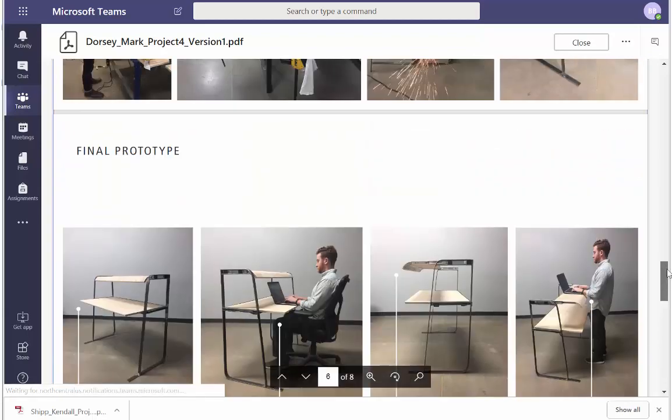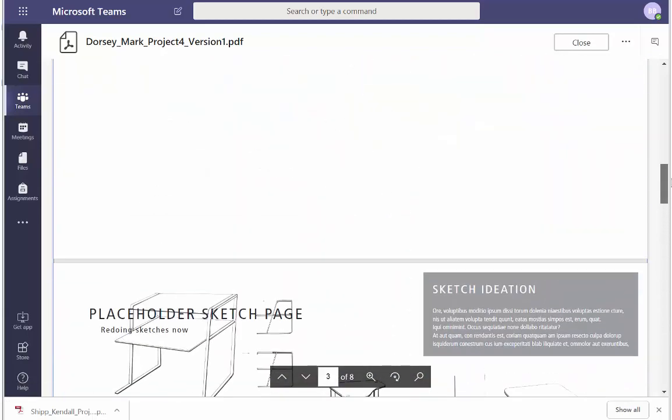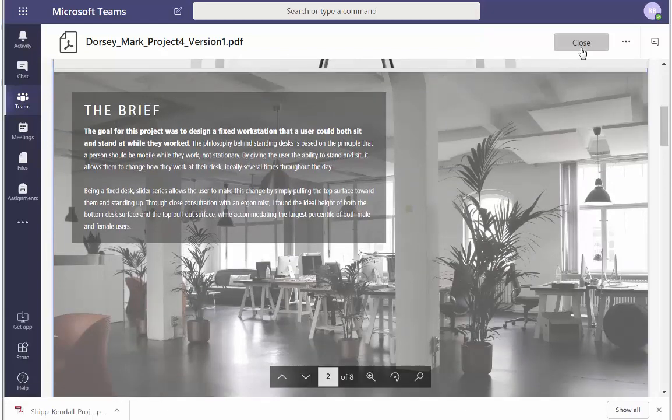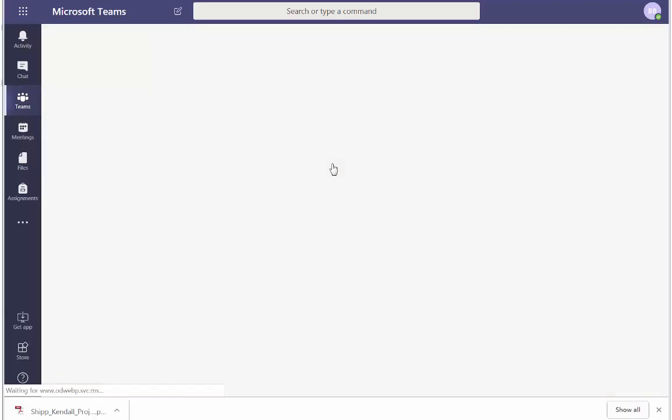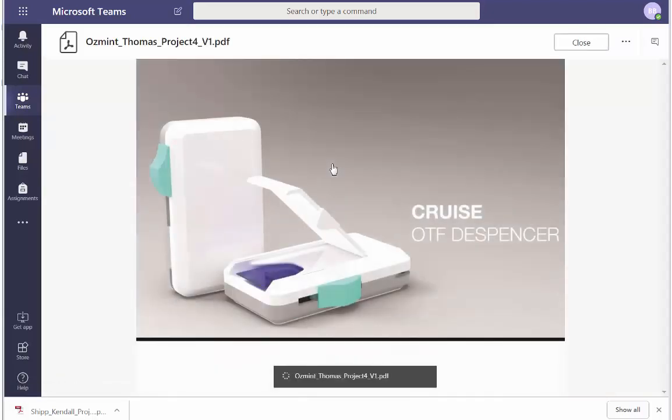Right. Not bad. You need to do some communicating of your design decisions. Okay, what's OTF?